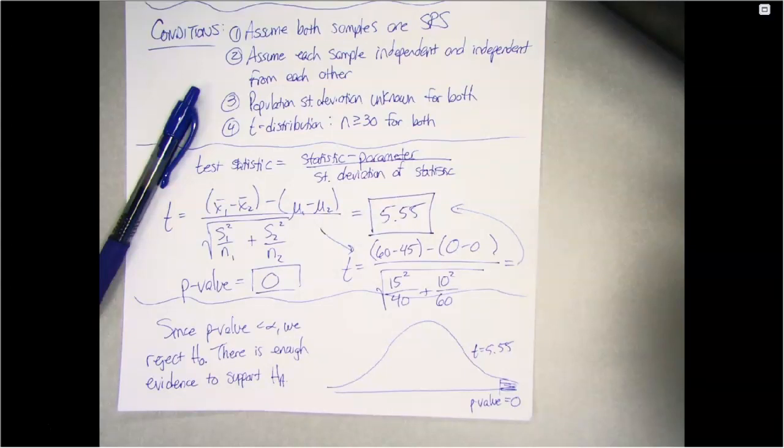Let's do it in thousands, so let's say males 48,000, females 42,000, standard deviation's 5,000 for males, females at 7,000, and 30 in this sample, 35 in this sample. And let's use alpha equals 0.01.